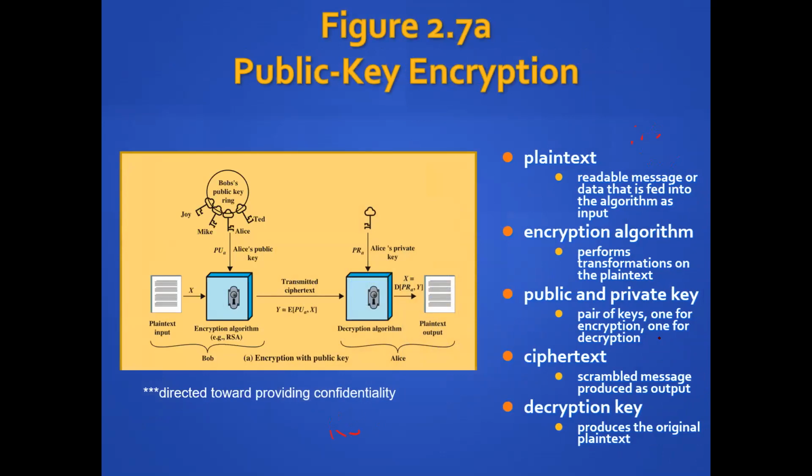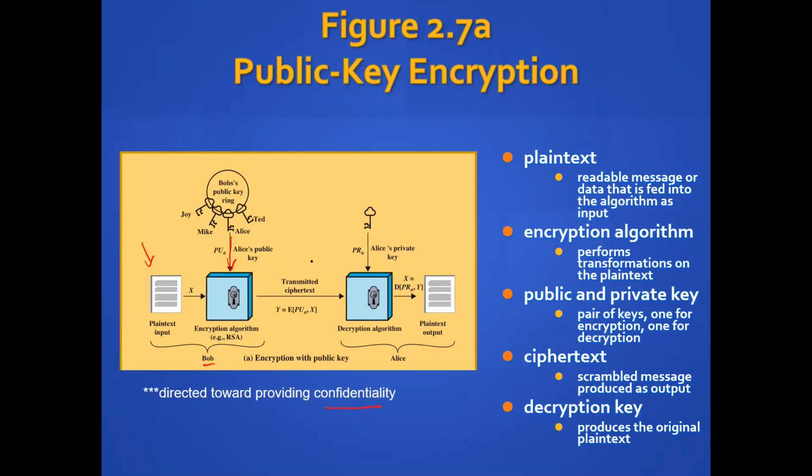So when it's directed towards providing confidentiality, public key encryption, as you know, you have a plain text message. We have Bob over here. Bob wants to send the message, so Bob is going to use Alice's public key, right?